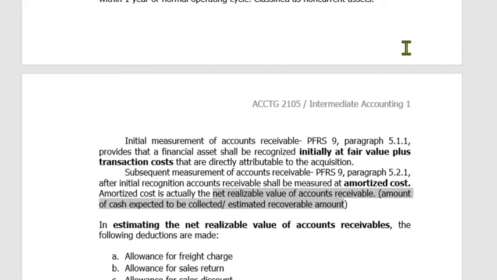So, to be able to be conservative in presenting your financial statements, at the subsequent measurement, according to PFRS 9, the accounts receivable shall be measured kung saan yung estimated na mare-recover siya. So, para reliable and conservative ang measurement mo under your financial statements.